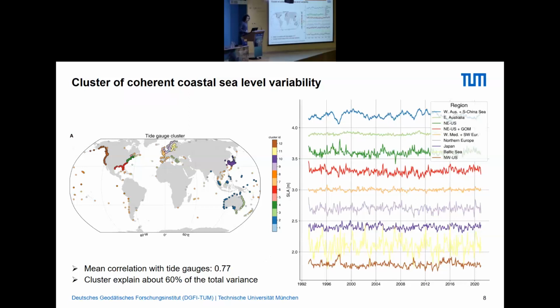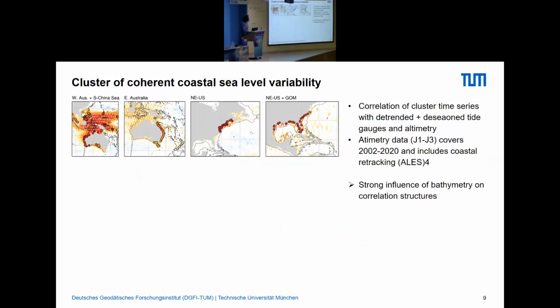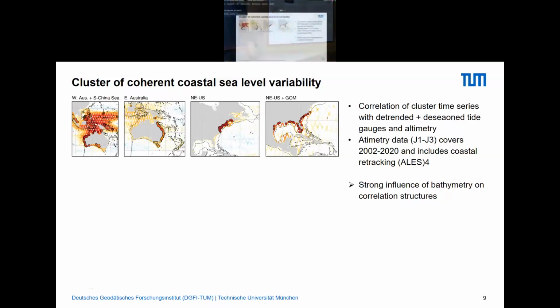Now, what is really interesting is how these clusters look in space, and to show this, we used coastal sea level data, monthly averaged data from the Jason missions featuring coastal retracking, and simply show here correlations of these cluster time series with tide gauges and the altimetry data.